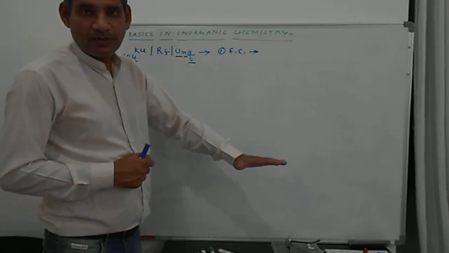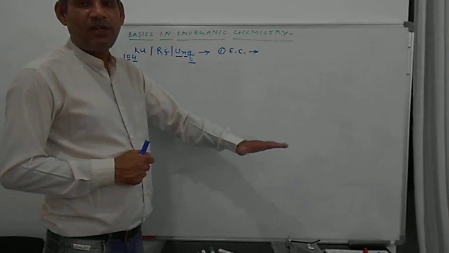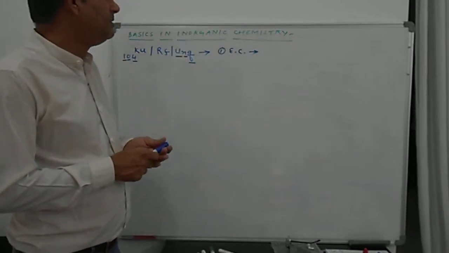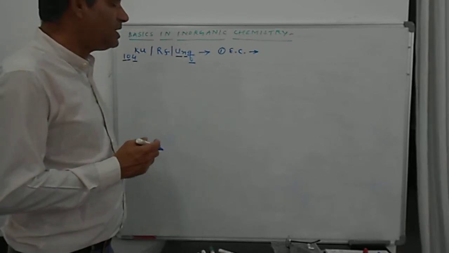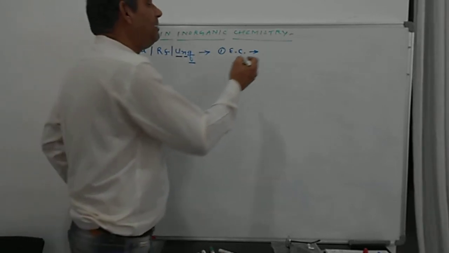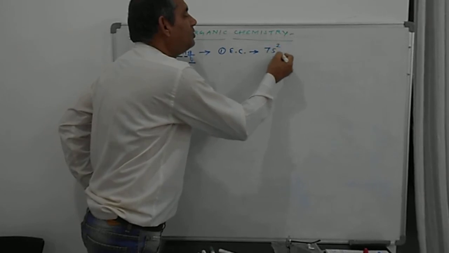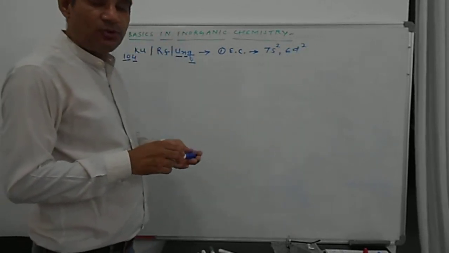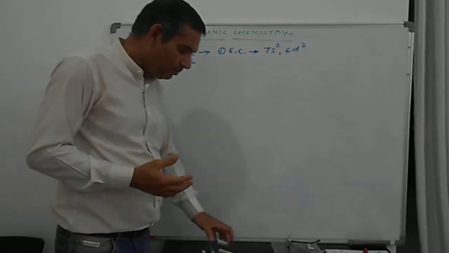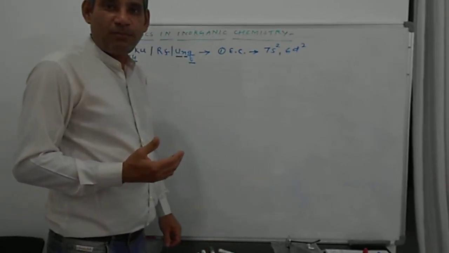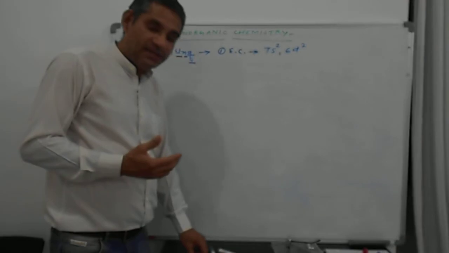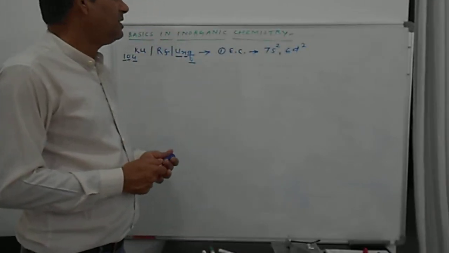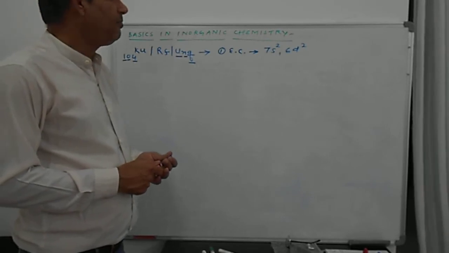The first electron goes to the lowest energy level, then after that level is filled, electrons go to the next higher energy level. So the electronic configuration according to the Aufbau principle for this element will be 7s2 6d2. You know 1s2 2s2 2p6 3s2 3p6, this is the Aufbau principle. 4s2 3d10 4p6 5s2, like this we keep on writing the electronic configuration of this element.